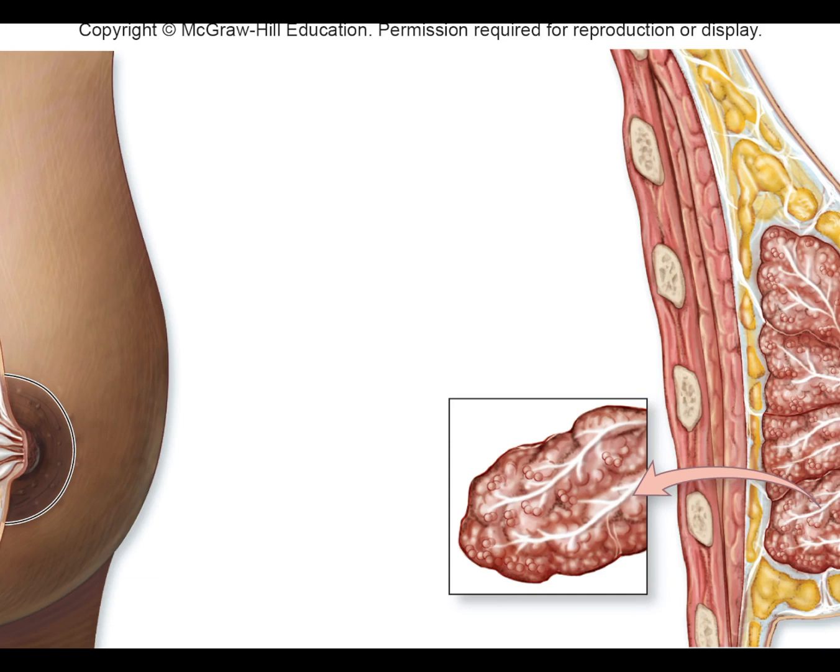So the part that sticks out is the actual nipple, and then the dark circle surrounding the nipple is called the areola. And there are suspensory ligaments that are connecting just to the underside of the skin to the lobes of the glandular tissue.